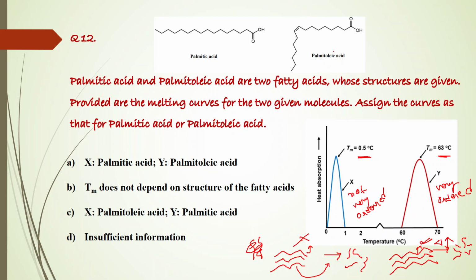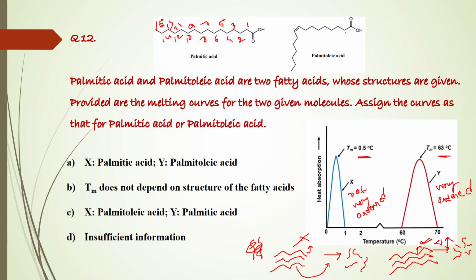Now let us look at the structures and then deduce which will have the more ordered and which will have the less ordered structure. Now for palmitic acid, first of all let us look at the number of carbon atoms. How many carbon atoms are there? 1, 2, 3, 4, 5, 6, 7, 8, 9, 10, 11, 12, 13, 14, 15. Now in case of palmitoleic acid as well, sorry, I missed the COOH carbon here.